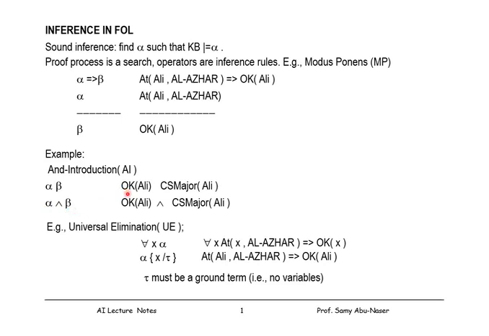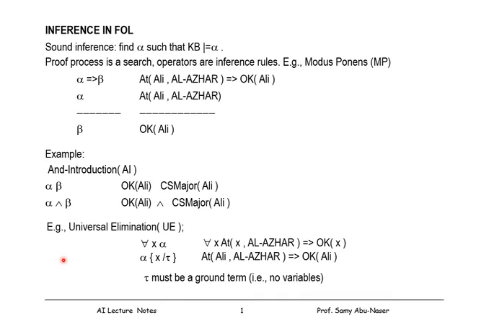Here is another example. Ali is okay. Ali has a CS major, he is majoring in computer science. We can combine both sentences in one sentence with and: Ali is okay and Ali is majoring in computer science.